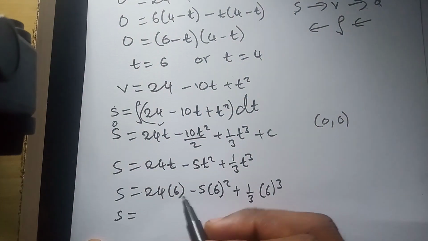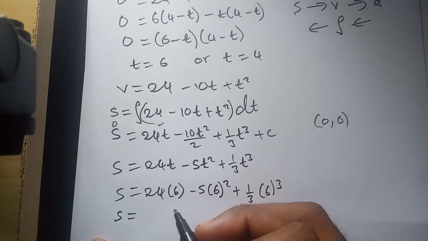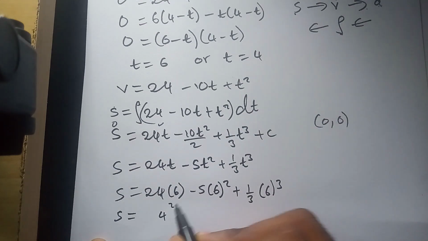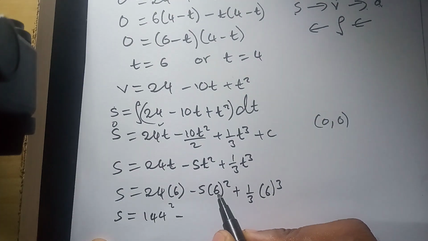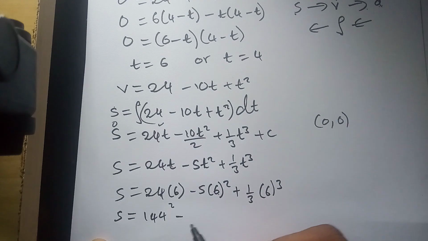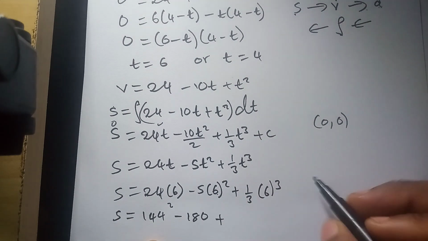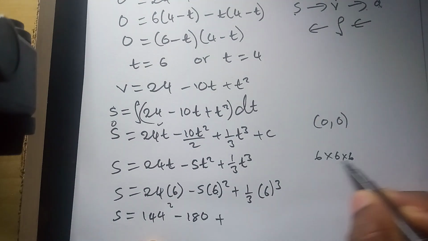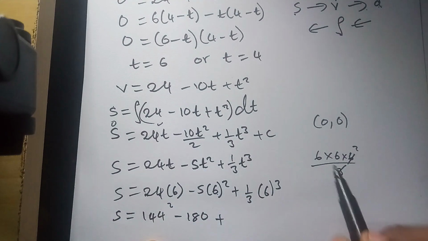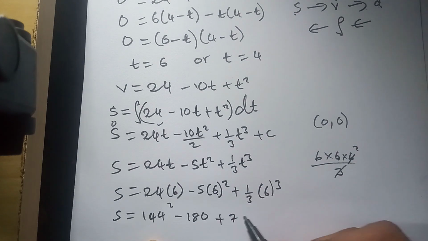So 6 times 4 is 24, and 6 times 2 is 12, so we have 144 there. Then 5 times 36 is 180. And then 6 cubed over 3 is 216 over 3, which is 72.